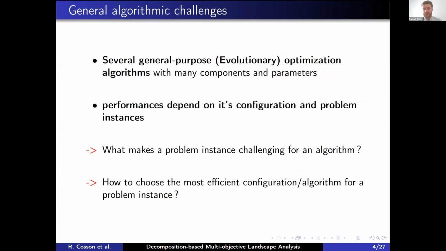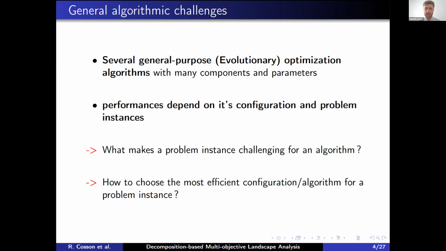There exist several evolutionary optimization algorithms, such as the framework MOEA or NSGA. But those algorithms have many components and parameters, and such components and parameters alter their efficiency. There is not one algorithm which can outperform all other algorithms for all problem instances.